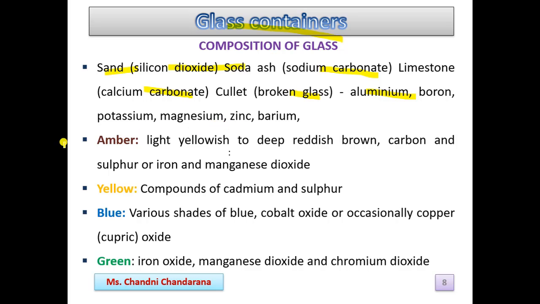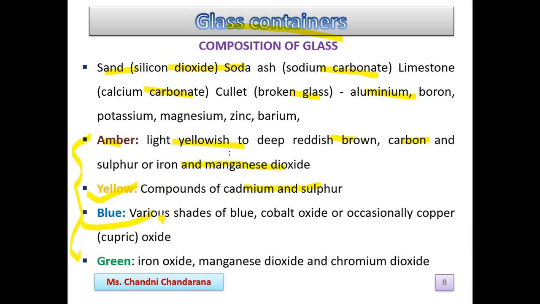Now it is available in these kinds of colors. First is amber color, which contains the light yellowish to deep reddish brown color of glass, carbon and sulfur, or we can say iron and manganese dioxide. Then yellow color glass contains the compounds of cadmium and sulfur.